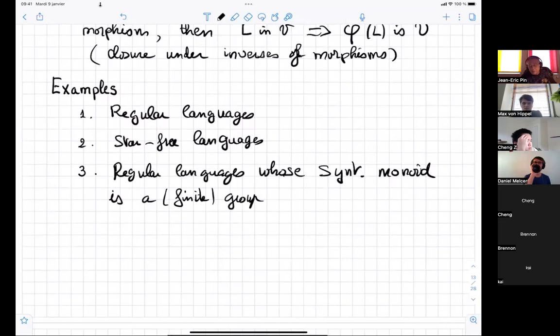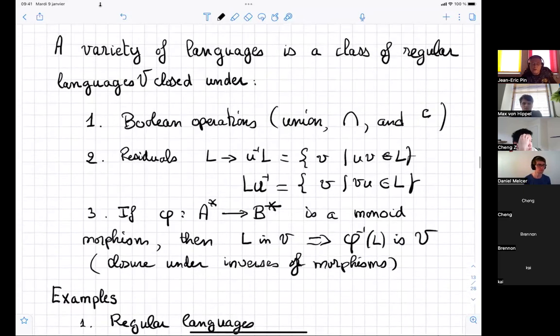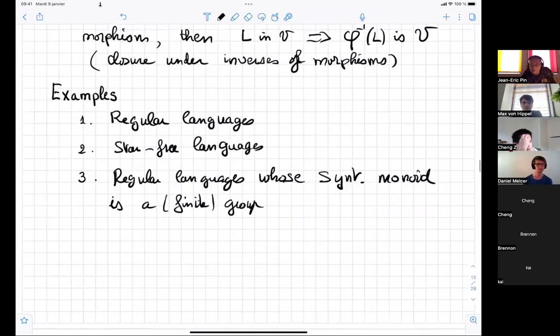Well, I'm talking about varieties of languages, so just at the level of languages. So regular languages with syntactic monoid a group form a variety of languages. This is a third example. But you can have many other examples like this.